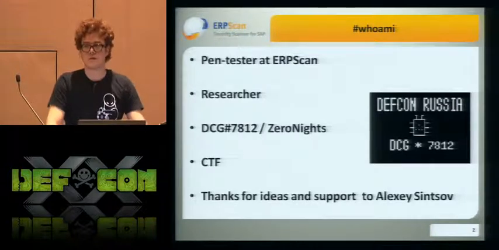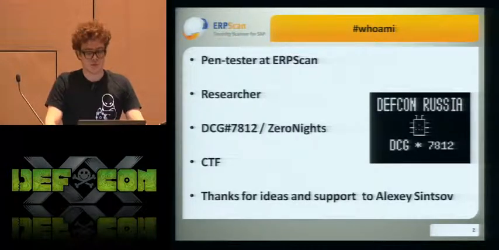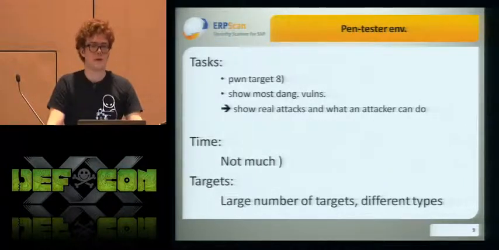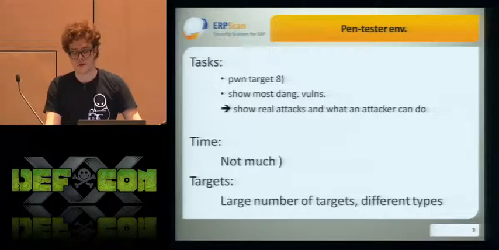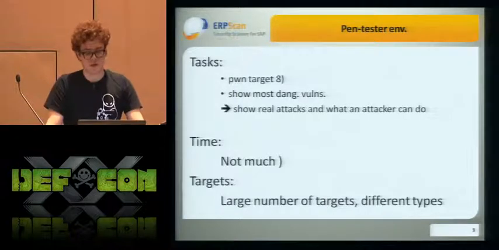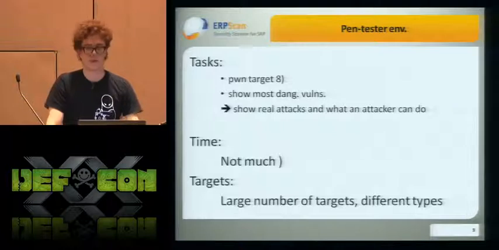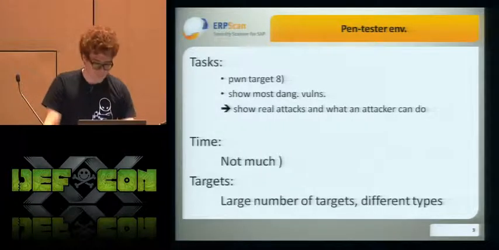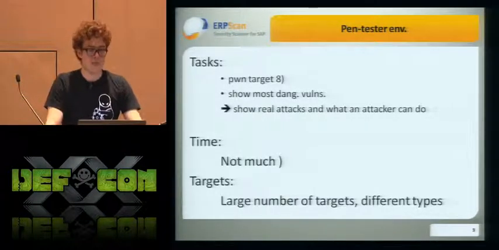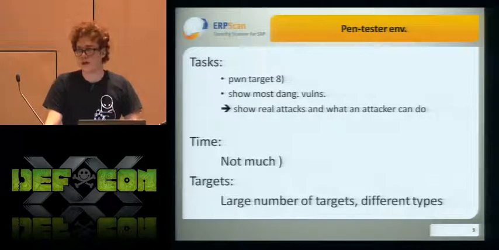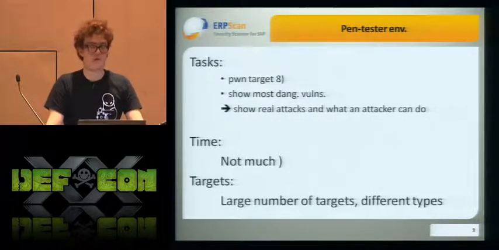But before we start talking about VMware, I would like to talk about pen testing in general. The main goal of a pen test is to show weak elements in the infrastructure, why we can hack it, and how. We usually have a large number of targets of different types, and unfortunately not much time.